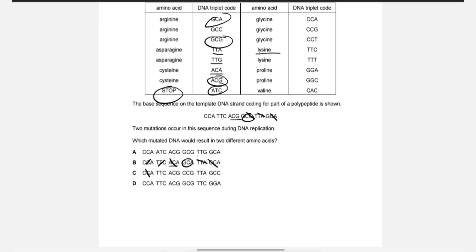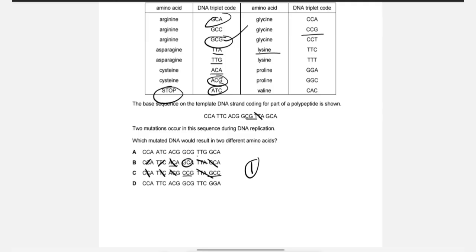We see CCA is the same, TTC is the same, ACG is the same. On the last bit, we have CCG in place of GCG. And we know that GCG is arginine, CCG is glycine. So now we have one different amino acid. But then we have TTA and GCC.